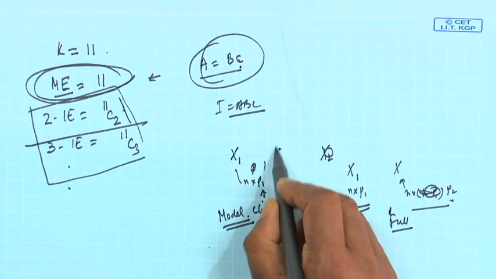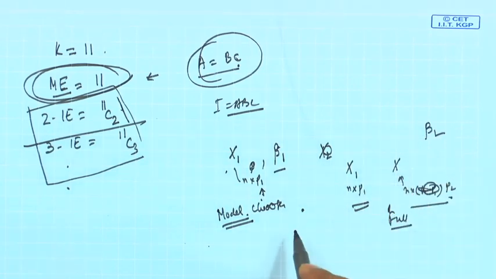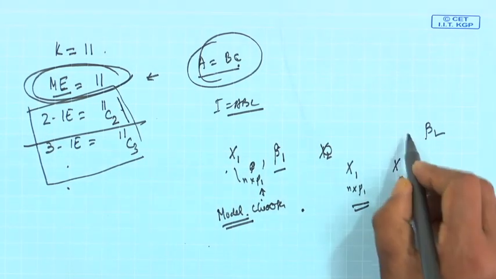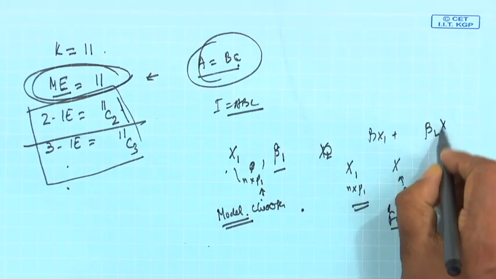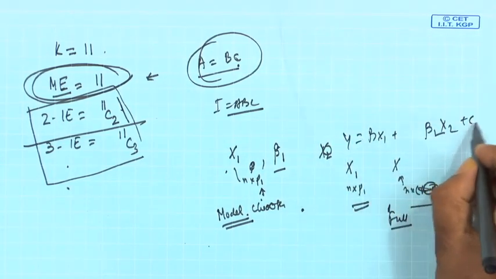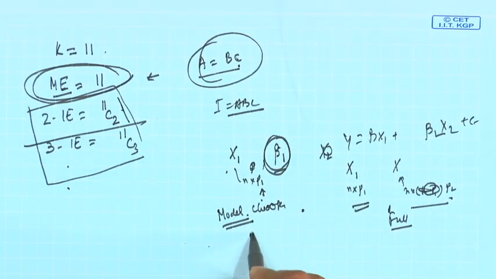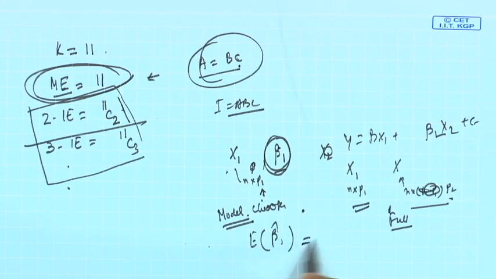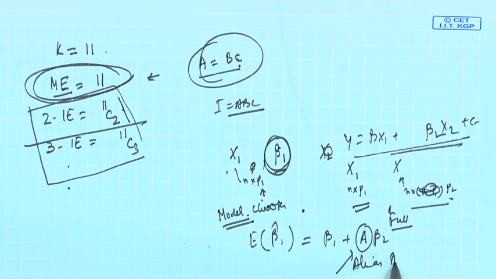And then we found that the estimate is beta 1 hat for the chosen model, and beta 2 for the rest. For the full model, y equals beta 1 x 1 plus beta 2 x 2 plus epsilon. Now, we computed the expected value of beta 1 hat, and found that it is beta 1 plus A into beta 2, where A is the alias matrix.